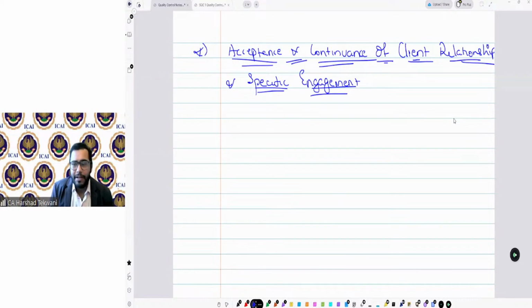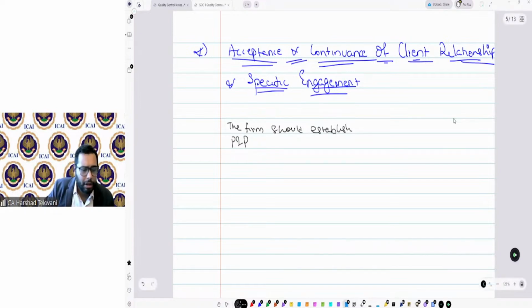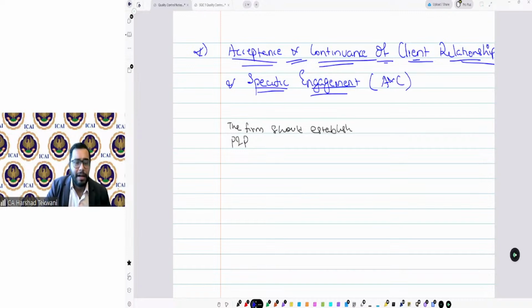Now, what SQC1 says is that the firm should establish policies and procedures for acceptance and continuance of client relationship and specific engagements. I usually call this big term ANC, acceptance and continuance.